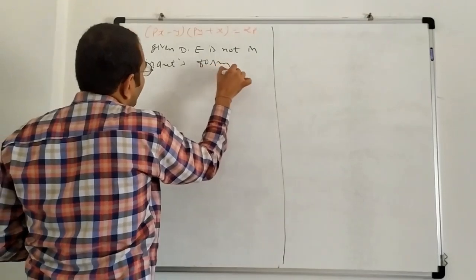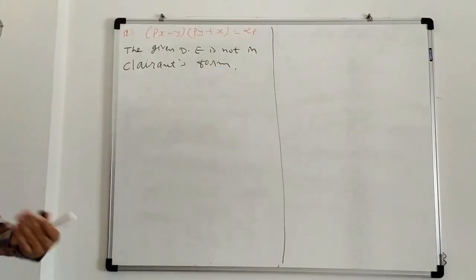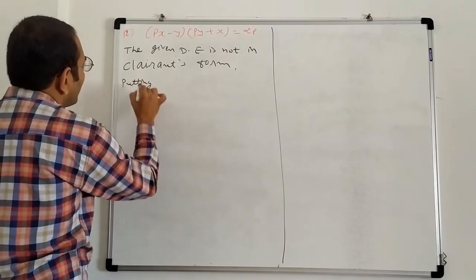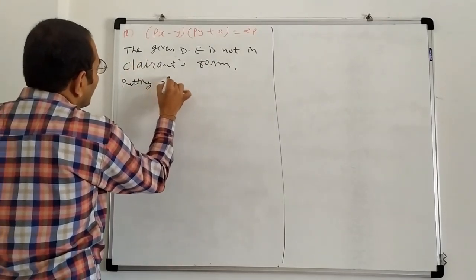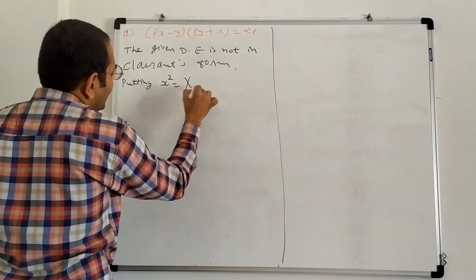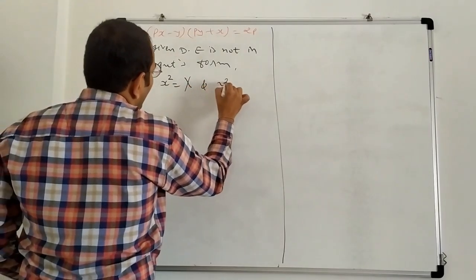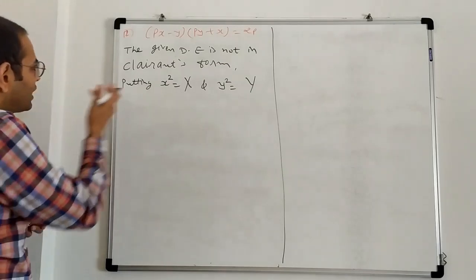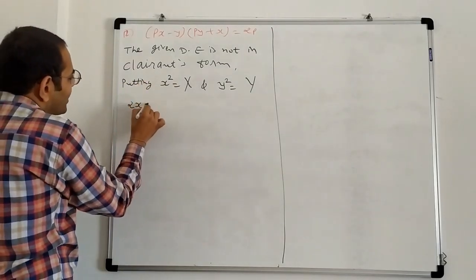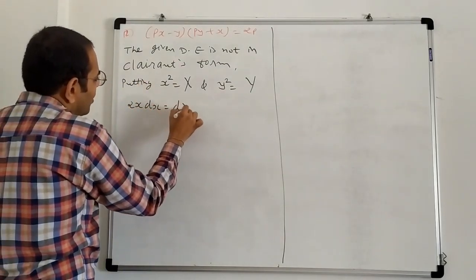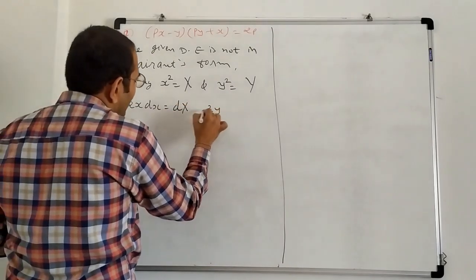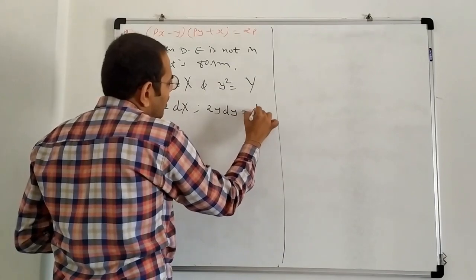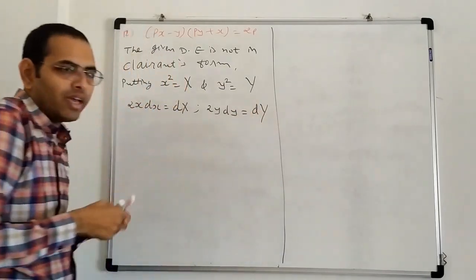Then we convert it into Clairaut form with the help of putting x square equal to capital X and y square equal to capital Y. Then differentiating, we get 2x dx equal to capital dX and 2y dy equal to capital dY.